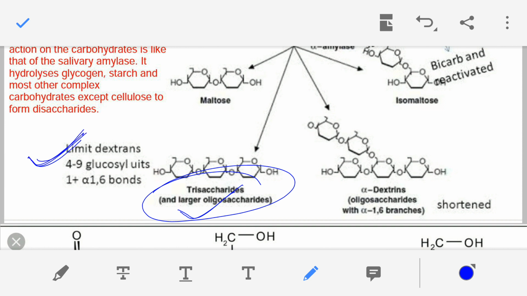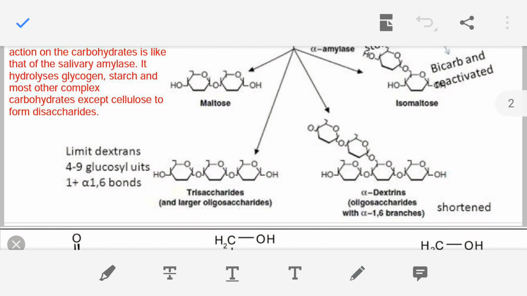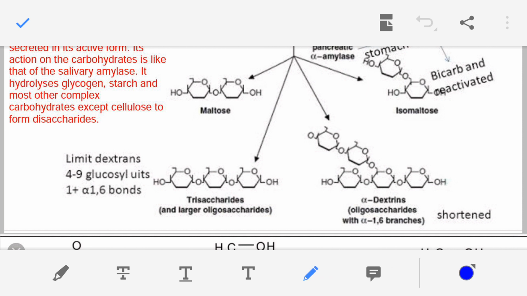In the limit dextran there are 4 to 9 glycosyl units, that means glucose molecules, and the linkage is an alpha 1-6 glycosidic bond between the glucose molecules. Then when the starch is digested, alpha dextrin is formed. Alpha dextrin is an oligosaccharide, and once again the bond is alpha 1-6.